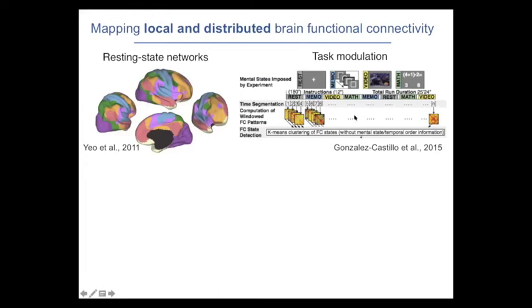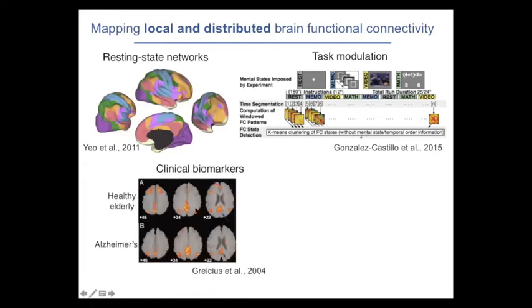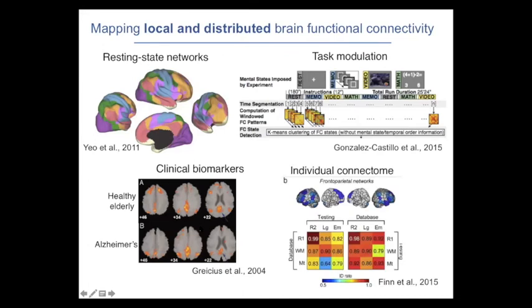Nowadays, people are also interested in naturalistic stimuli and how this connectivity will be altered, and how this can serve as clinical biomarkers. In this study, they show that in Alzheimer's disease there is reduced activity in the medial frontal cortex. And there's also interest in how we can use fMRI to characterize the connectome of each individual subject and distinguish behavior.